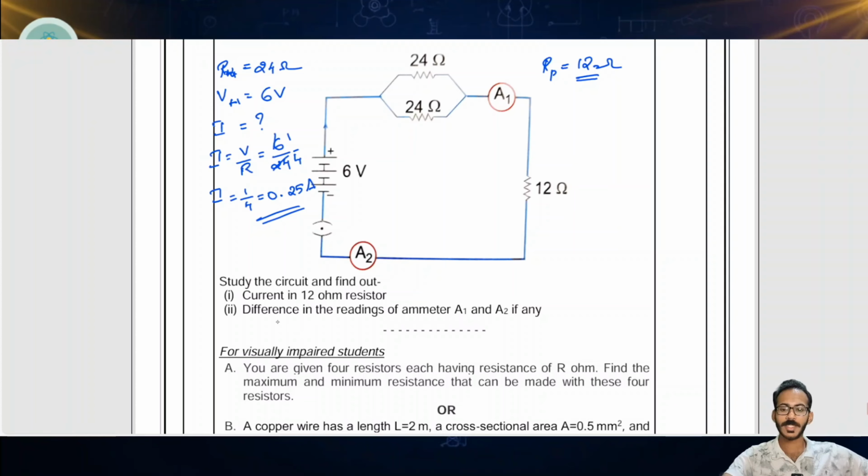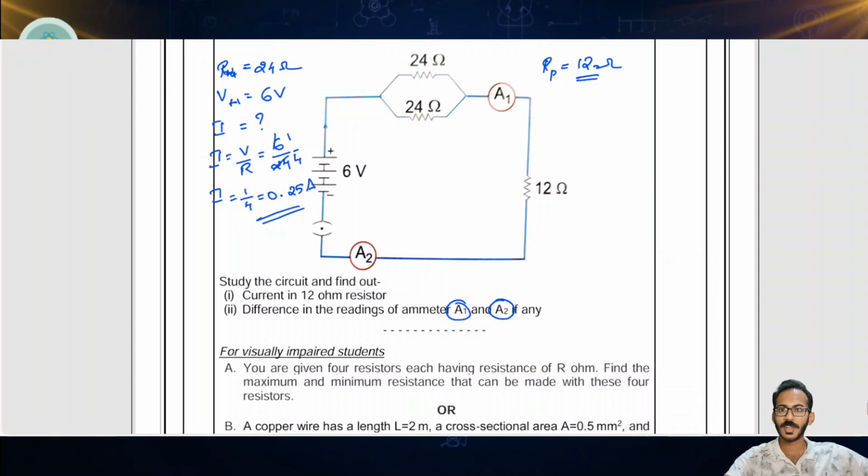Now in the second question they are asking us the difference in the readings of ammeter A1 and ammeter A2. This is also to test whether we know the concept about parallel and series connection. We already told that in parallel connection, potential difference or the voltage is same and current is different.